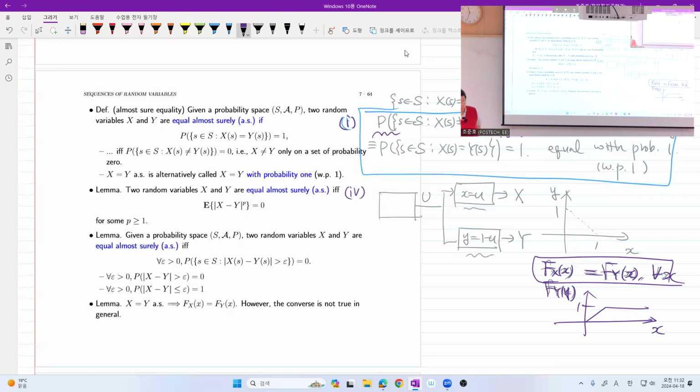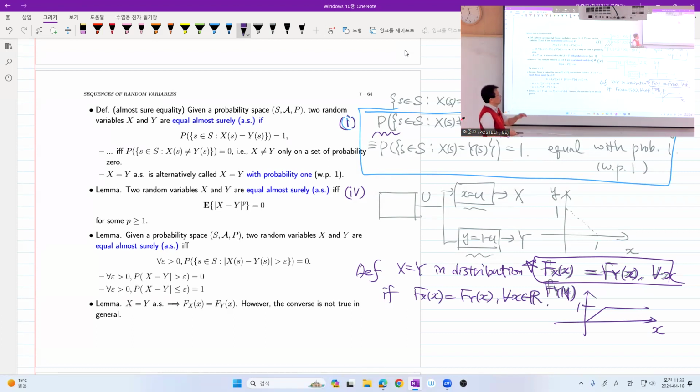If the output distributions are the same, but the two functions are different, but still you want to say that they are equal in some sense, what would that be? They are equal in distribution. So this is called equal in distribution. Here goes the definition.